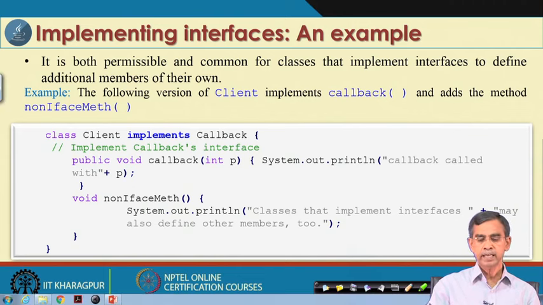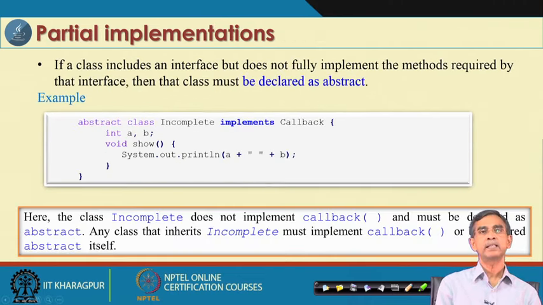Okay, so this is the idea about implementation of an interface by means of a class, and Java also allows partial implementation. Suppose in an interface there are two methods and you implement this interface by means of a class with only one method, then this class can be treated as an abstract class.